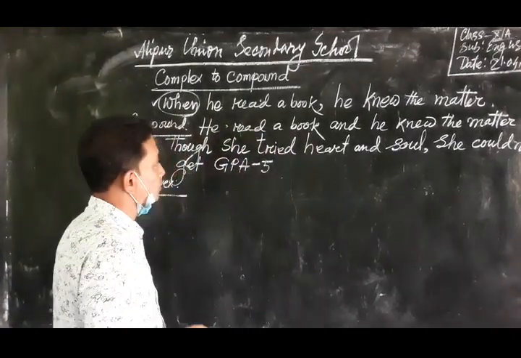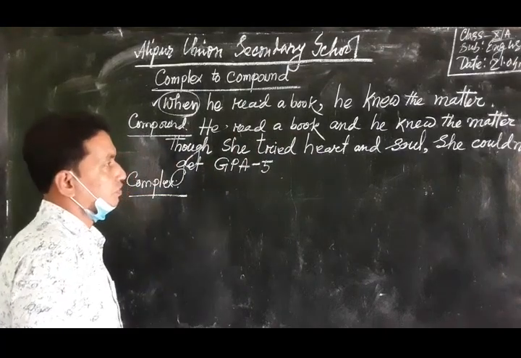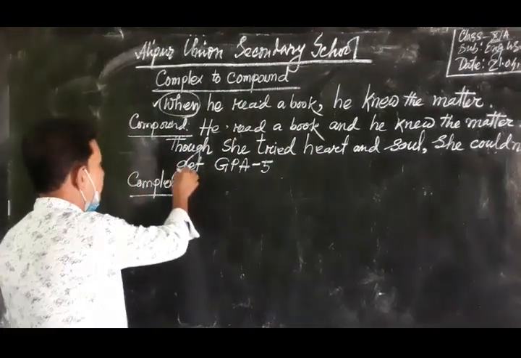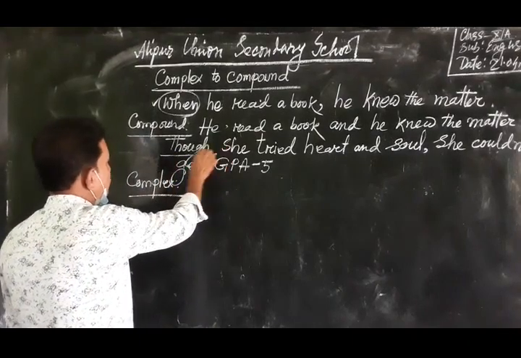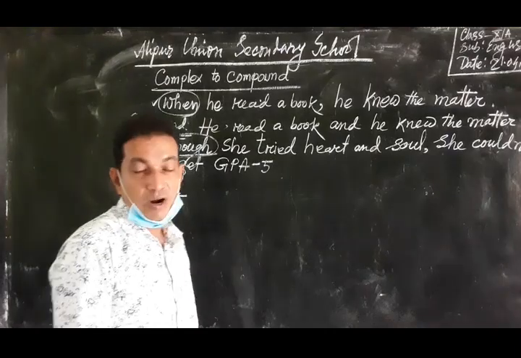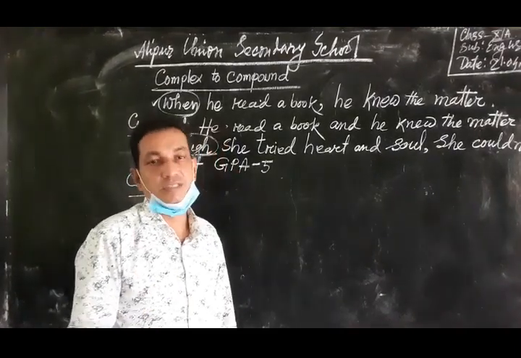So this type of sentence should be changed into compound in such a way. At first, we have to change the conjunction though, and instead of though, we must use but in the middle of the sentence.